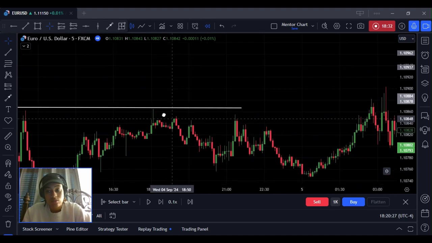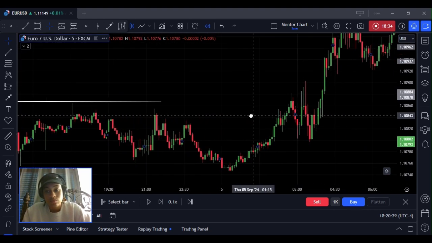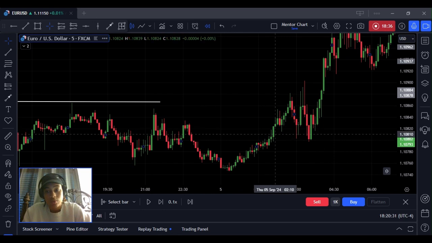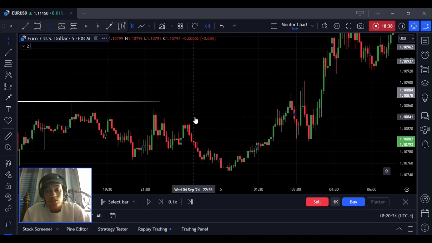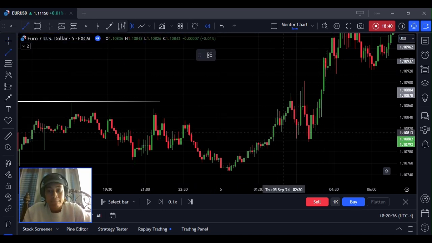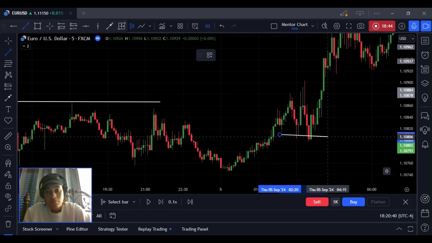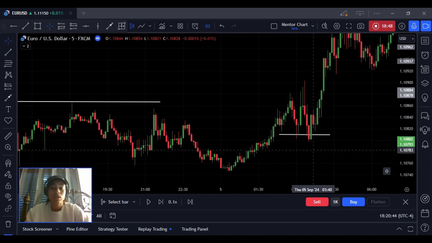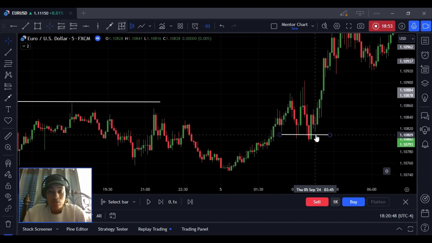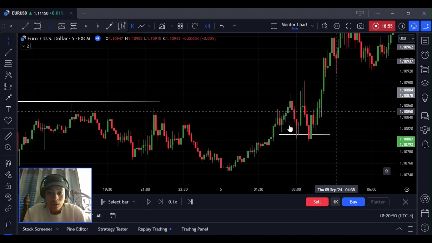Resistance. Same over here. Wick, wick, wick. Drag across, goes up. And this is what I mean. It's not the same as when you have a zone and the candle passes the zone. It's not the same. When it passes this line, it's still okay.